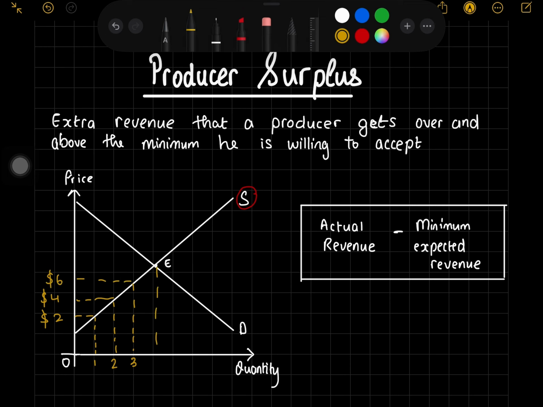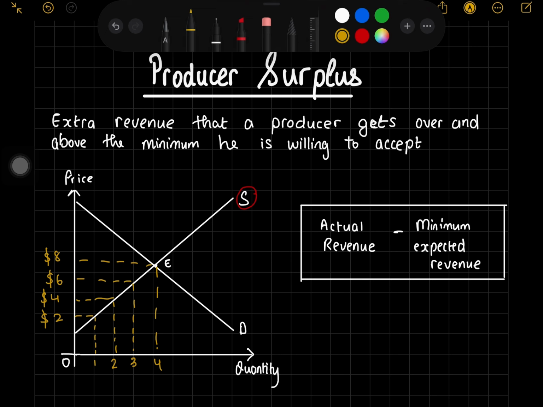And for the fourth unit, he is willing to sell it at $8. The minimum expected revenue is shown by the supply curve. For one unit, it's $2 and so forth and so on.